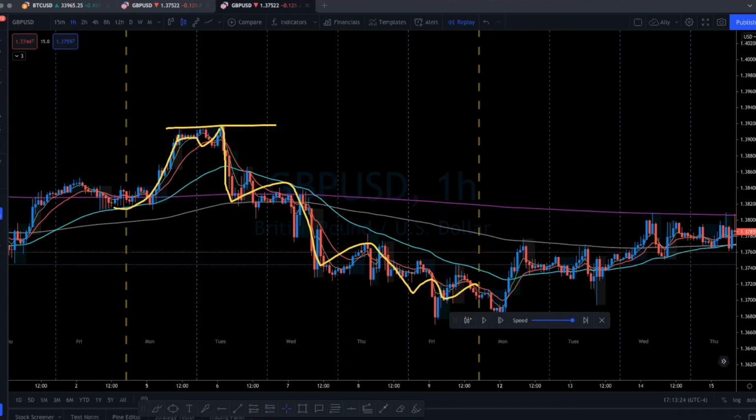You have so many different options, and that's the beauty of it. You don't have to find all 4 different types of setups or patterns. You can just focus on one. You can focus on 2. It's up to you, whatever's easiest for you to identify.